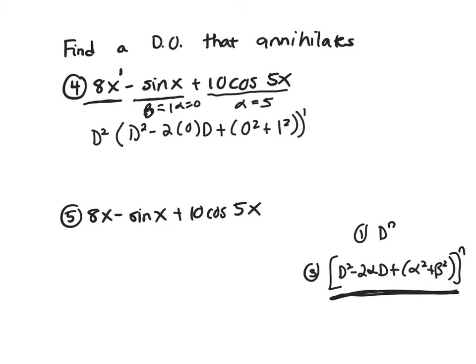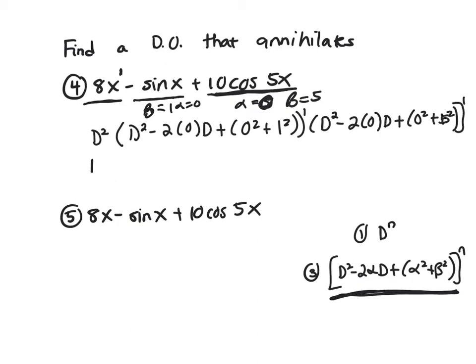Now let's figure out what annihilates 10 cosine 5x. Alpha is 0 and beta is 5. So that's going to be d squared minus 2 alpha d plus alpha squared plus beta squared, all raised to the first power because you do not have a factor of x in there.